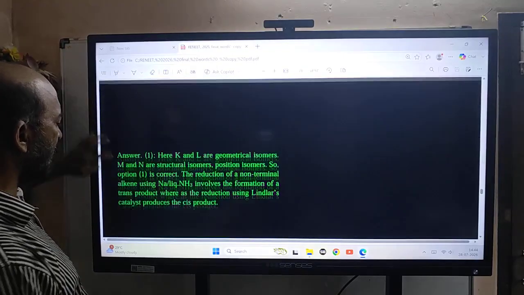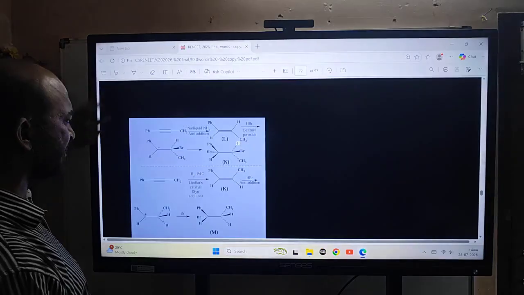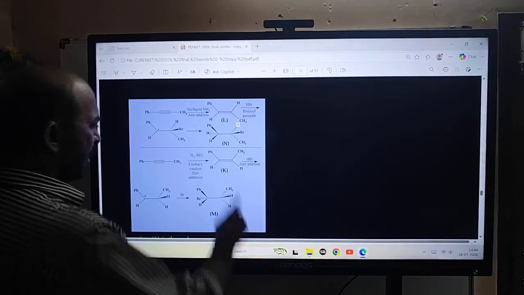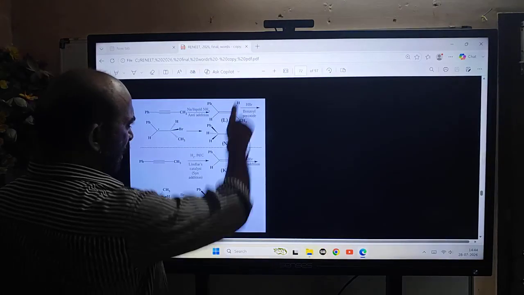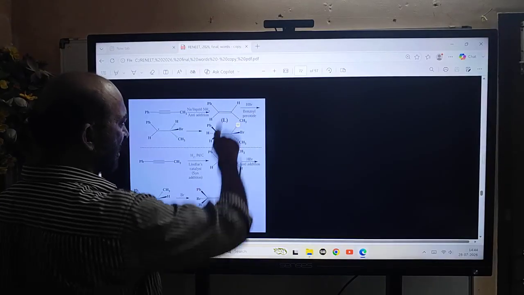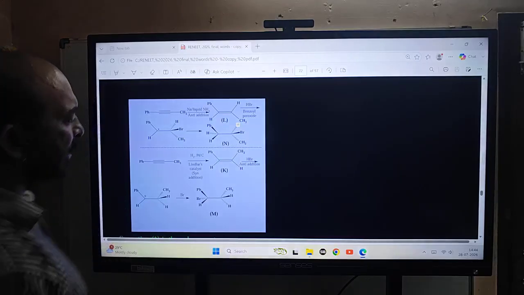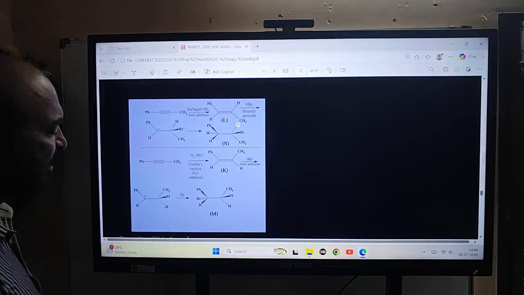Is that correct? We will check. K, L, yeah, this is the cis isomer of the trans variety. So K and L are geometrical isomers is a correct statement because they are cis and trans.